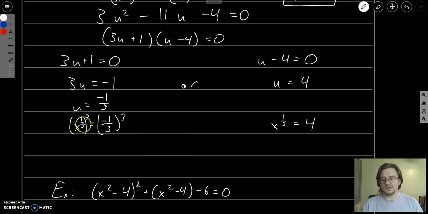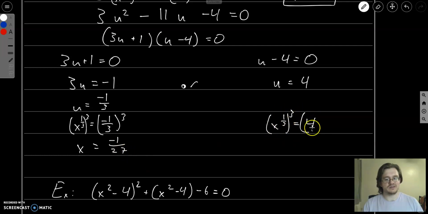x to the 1/3 to the 3rd power, well, 1/3 and 3 cancel out to just give me x. On this side, I can take both the top and the bottom raised to the 3rd power. -1 times itself 3 times is -1. 3 times itself 3 times is 27. I can do the same thing over here.